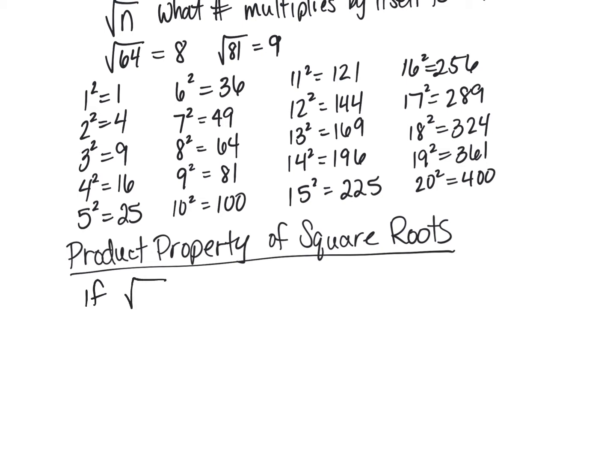Basically, the square root of a times b is equal to the square root of a times the square root of b. So I can split up square roots by products.